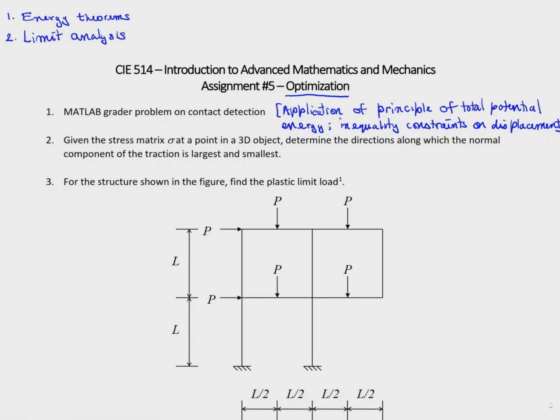The second problem is not one of these two applications, but just a small side application demonstrating that principal stresses are in fact the largest and smallest normal components of traction.